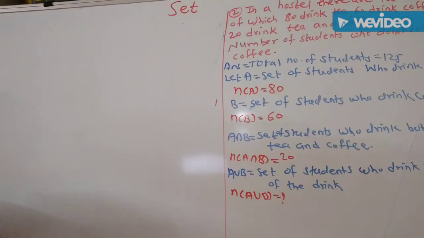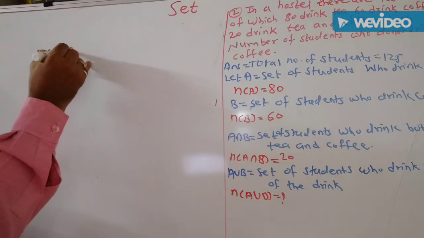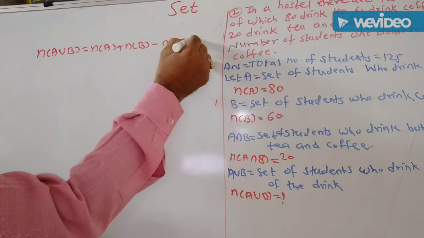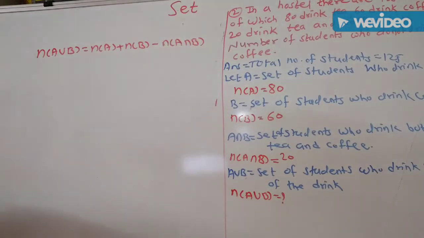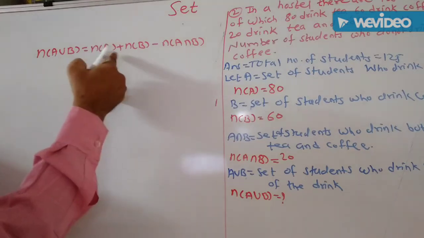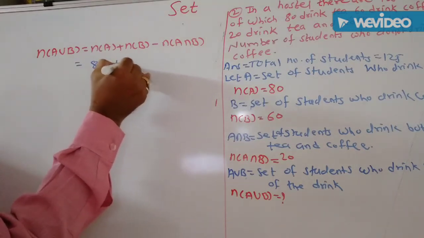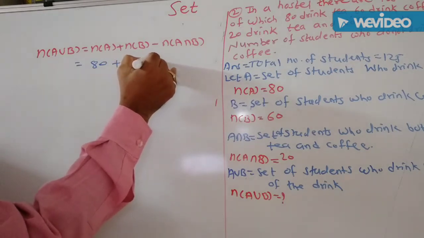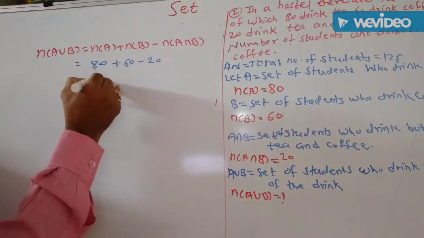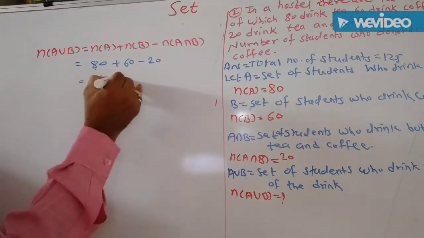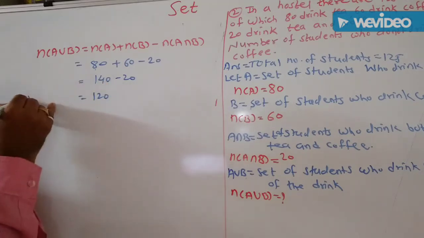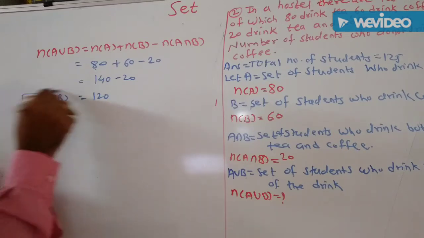Number of A union B is equal to number of A plus number of B minus number of A intersection B. Then putting the values, number of A union B we have to find. Number of A is given 80 plus number of B is given 60 minus number of A intersection B. Now 80 plus 60, that is 140, minus 20, that is 120, and that is the number of A union B.